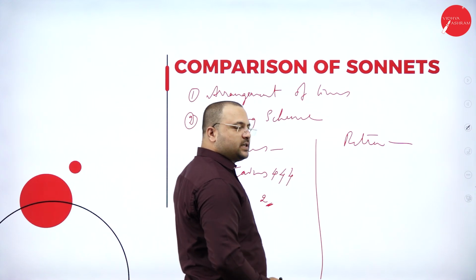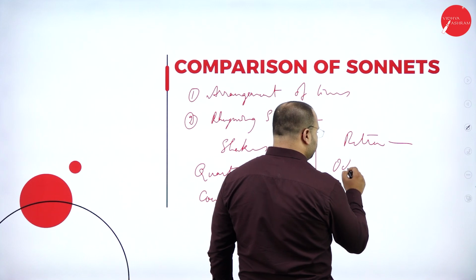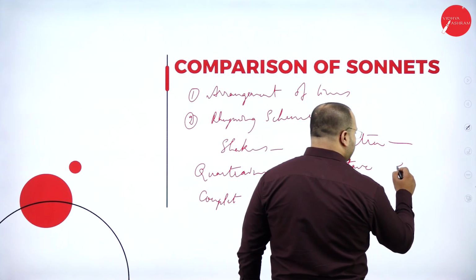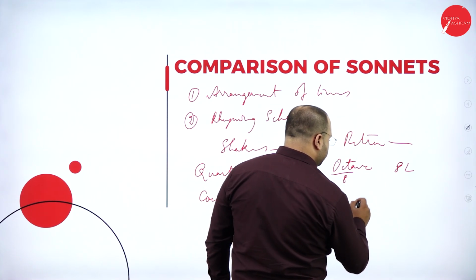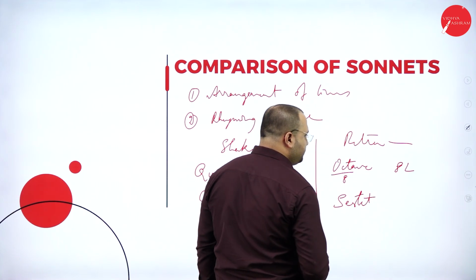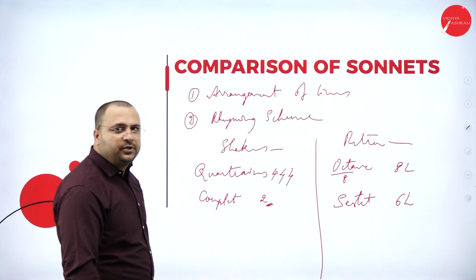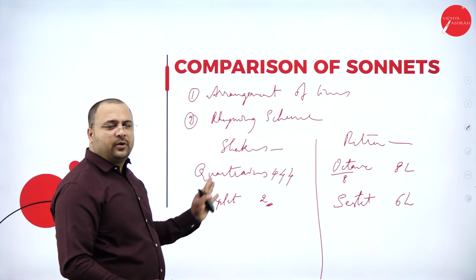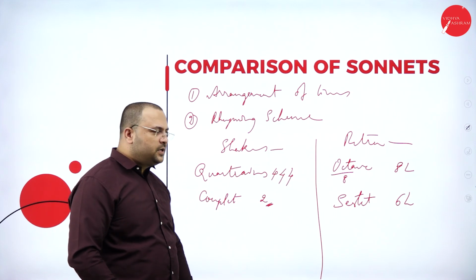When you come to the Petrarchan type of sonnet, you have an octave. Octa means 8, so you have 8 lines. Then a sestet, that is 6 lines grouped into 2 stanzas. So this is the major arrangement in both the Shakespearean type of sonnet and the Petrarchan type of sonnet.